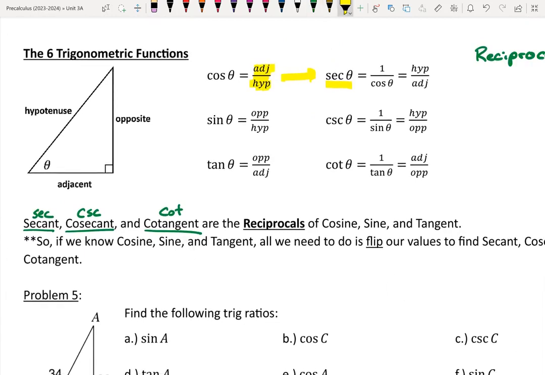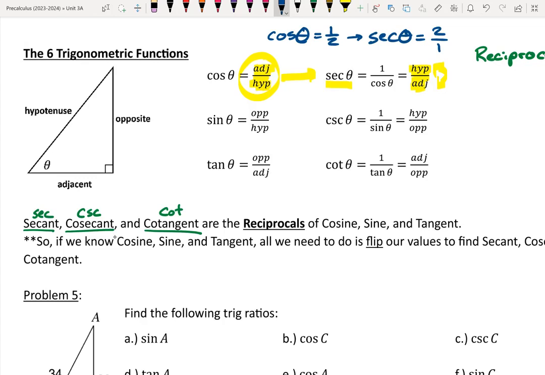And if we know one, so say I know cosine is adjacent over hypotenuse, to find secant, all I need to do is reverse what we have. Notice this is hypotenuse over adjacent. And so if we know, say, cosine of theta is equal to 1/2, then secant of that angle is equal to 2 over 1, the reciprocal.